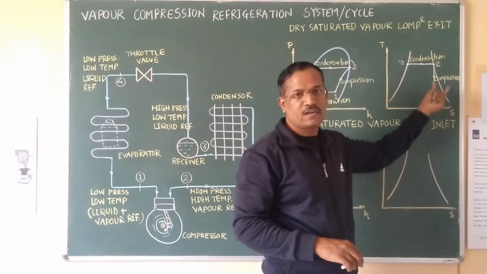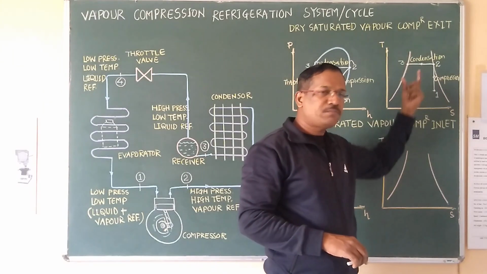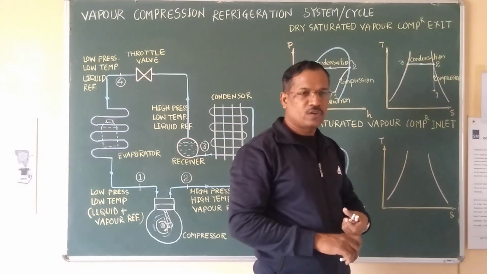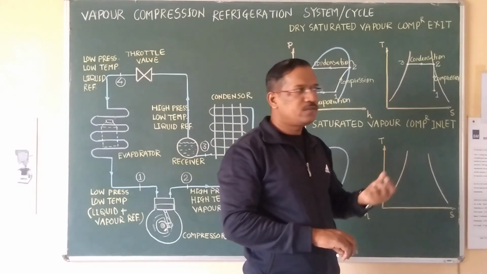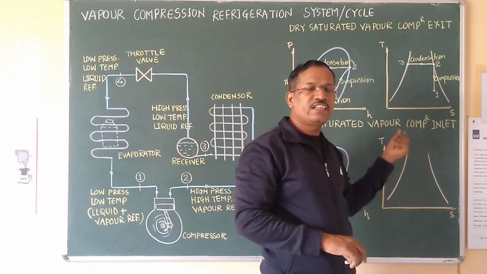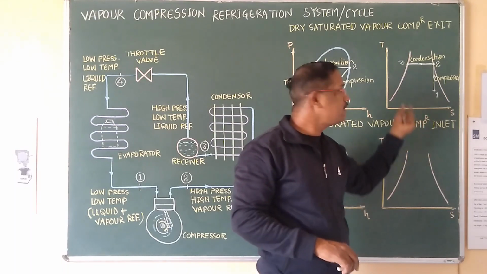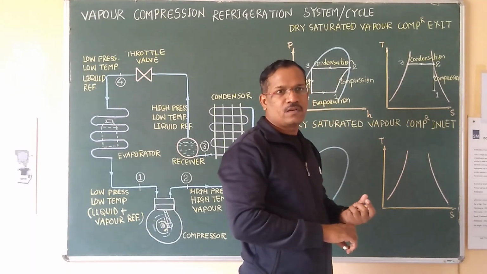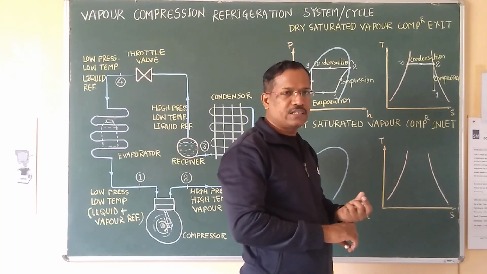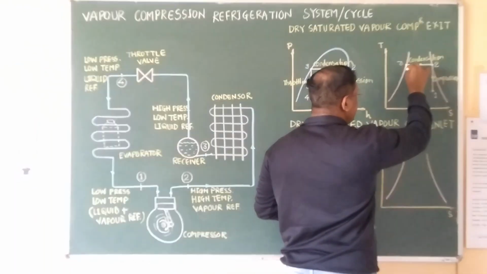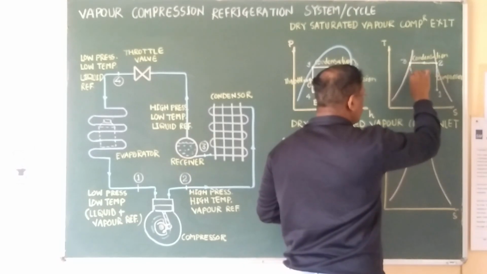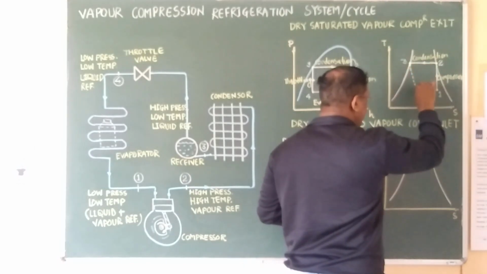Individual processes are reversible except this throttling, because it is carried out in a fraction of time, so it does not reach thermal equilibrium condition, so it remains irreversible. So it cannot be a reversible process. So it is shown by a non-reversible process, so a dotted line.